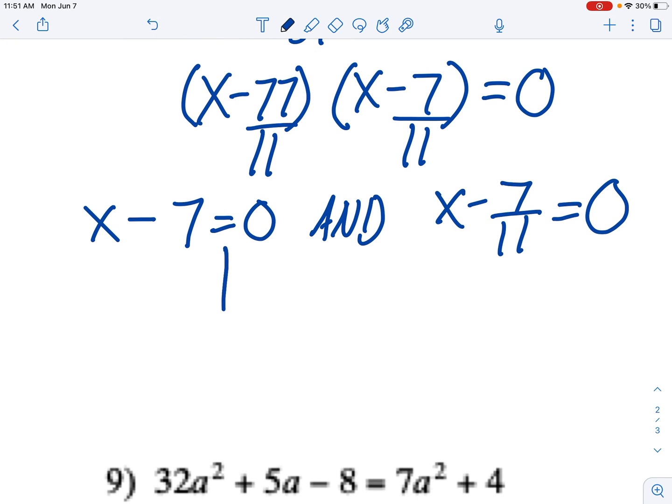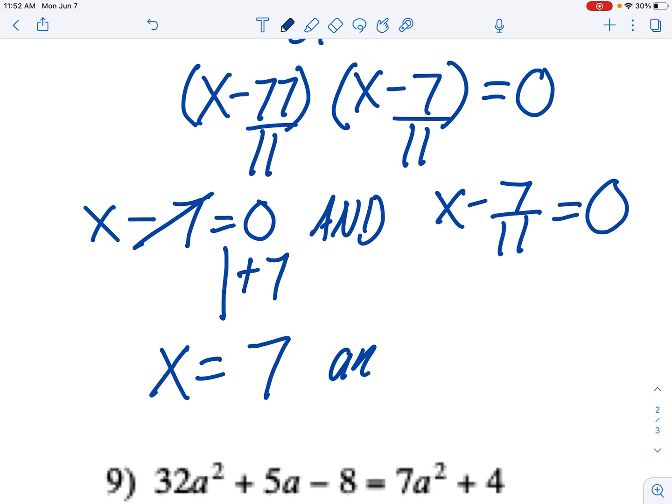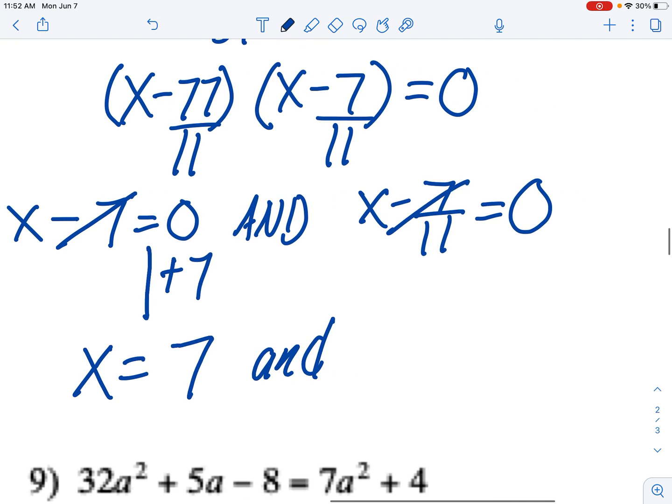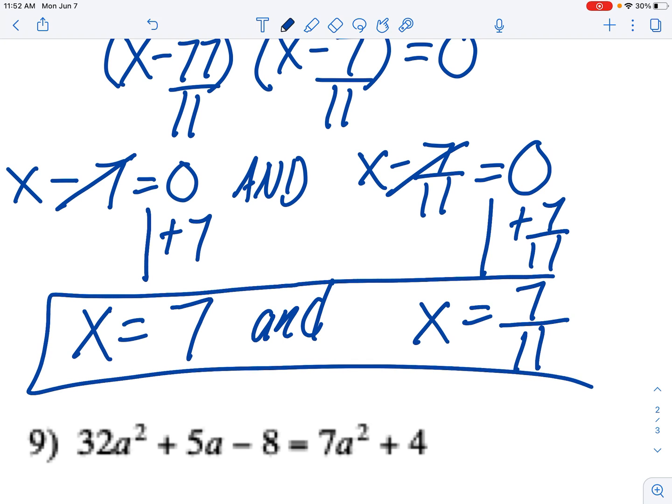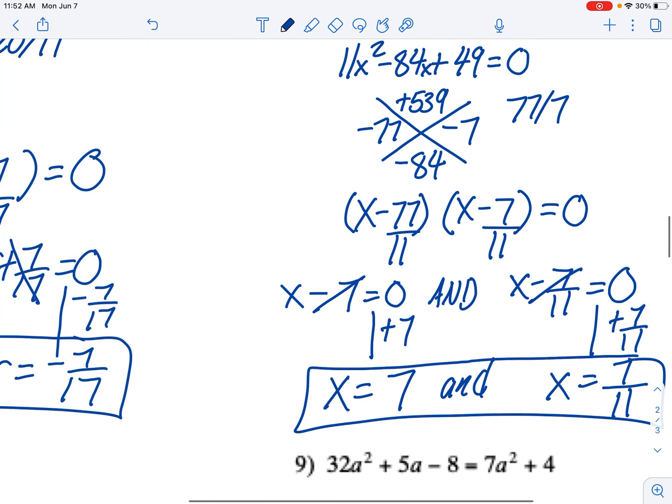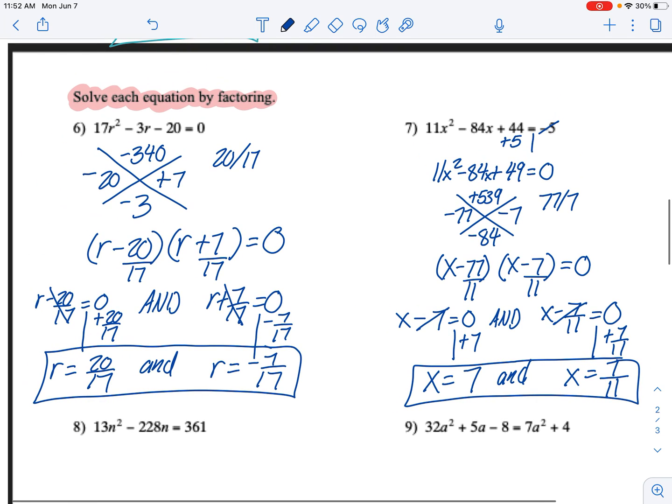So I got to bring this minus 7 over as plus 7. So I get x is equal to 7. And this minus 7 goes over as plus 7 over 11. And I get x is equal to 7 over 11. And those are our two solutions.